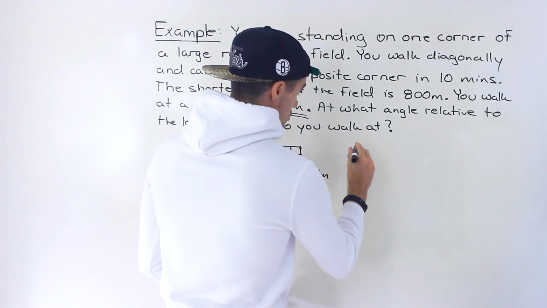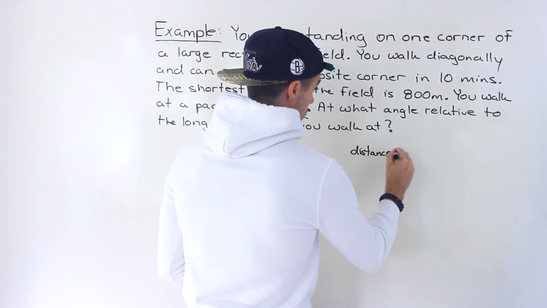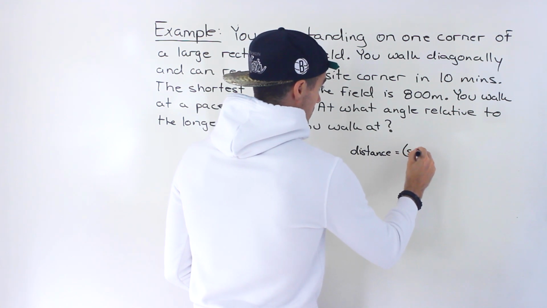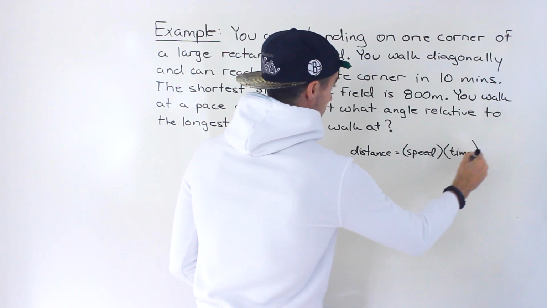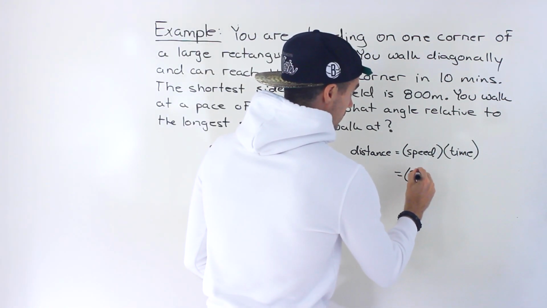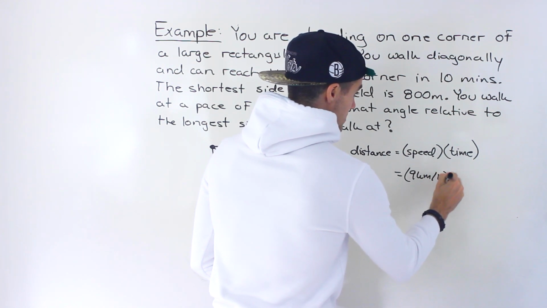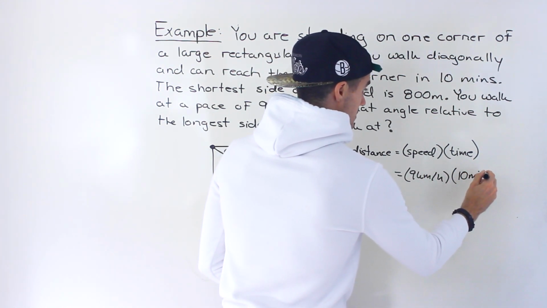Okay, so just in general, we have distance is equal to the speed times the time. But the speed is 9 kilometers per hour, and the time is in minutes, it's 10 minutes, like that.